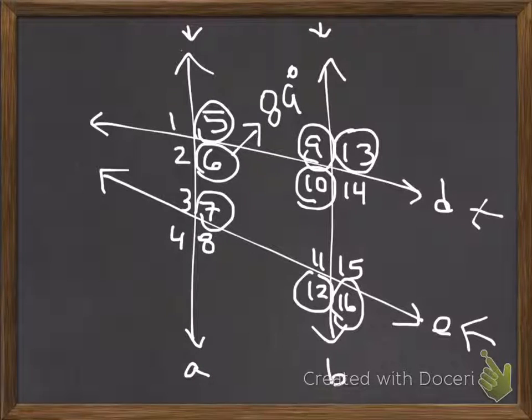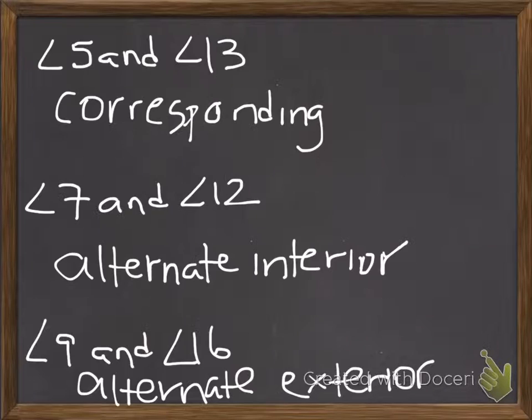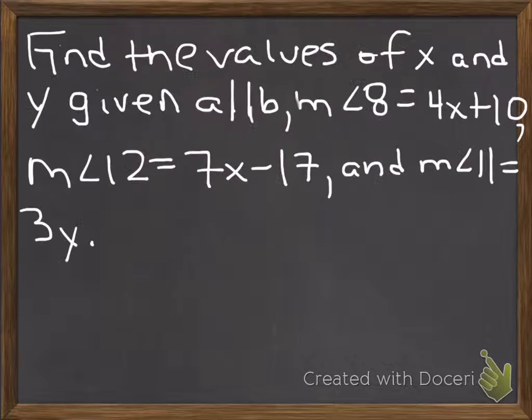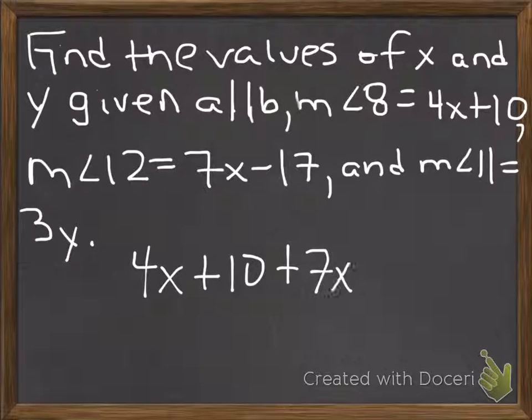So we will say that they need to add up to be 180. So that means 4x plus 10 plus 7x minus 17 has to equal 180, which will help us solve for x. And then angle 11, it says, is 3y.